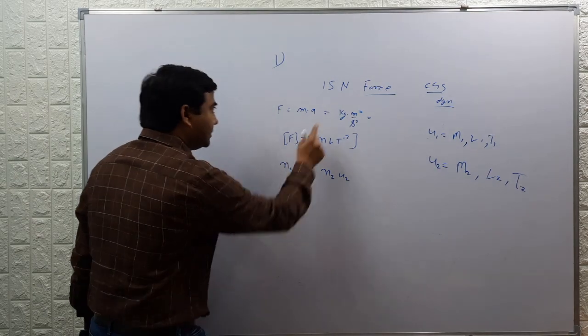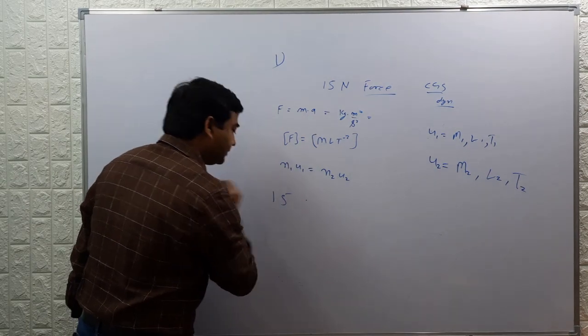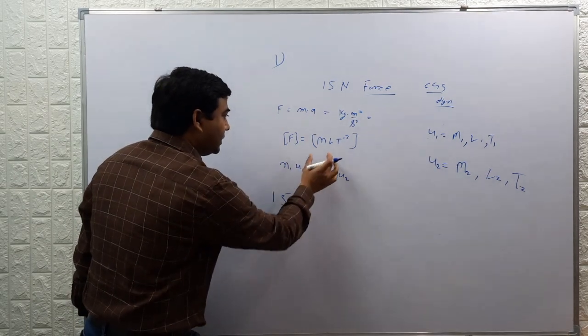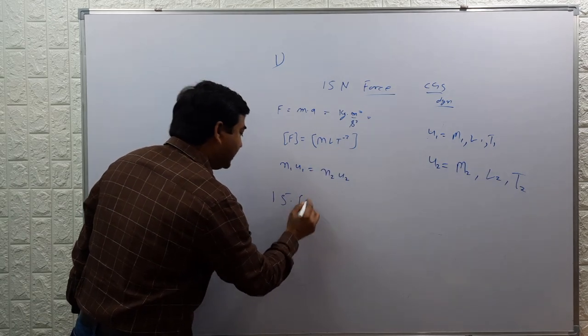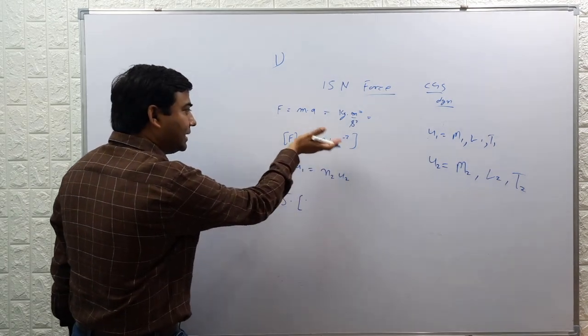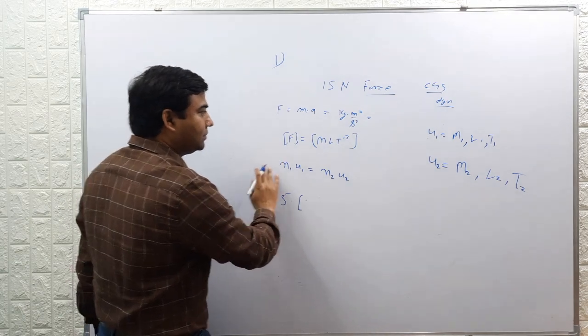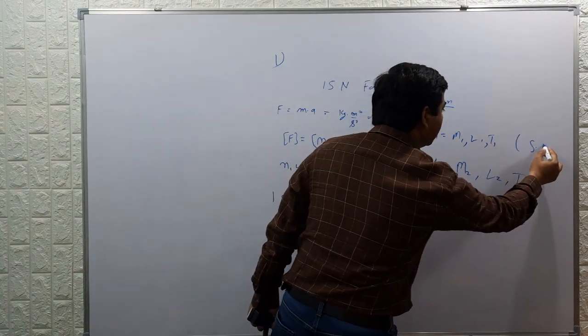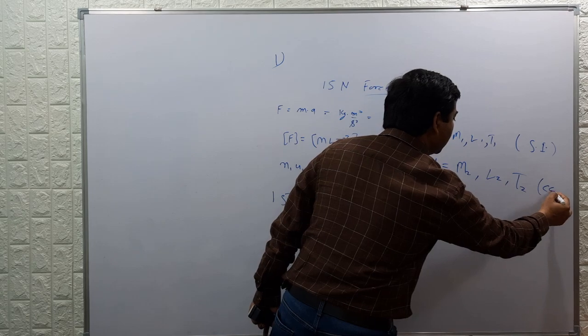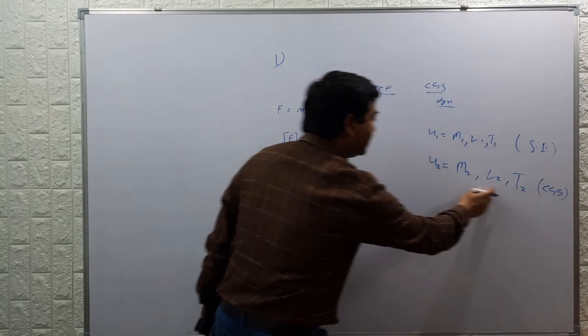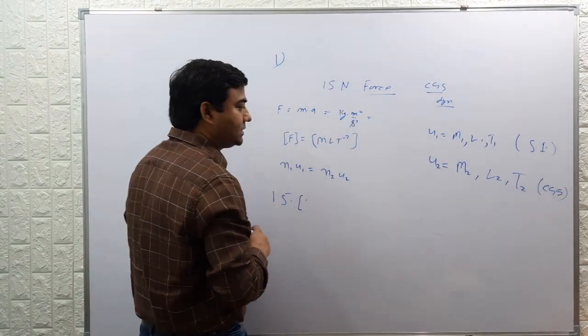So here N1 is 15 into the dimensional formula in the SI system, which we have assumed here, and this we have assumed as the CGS system.